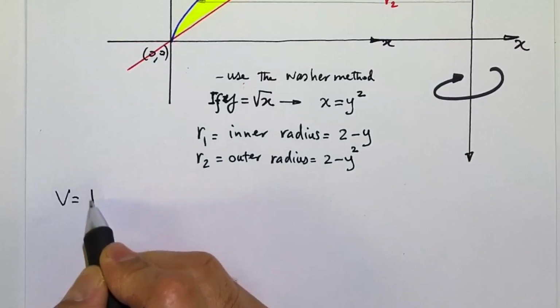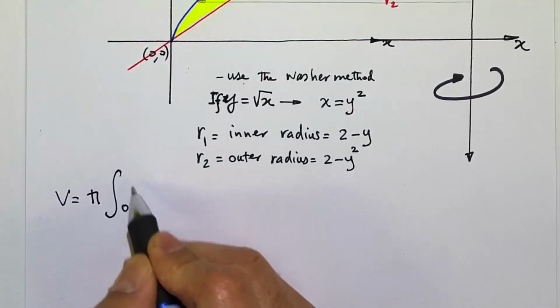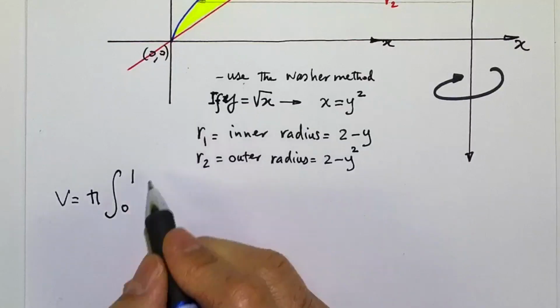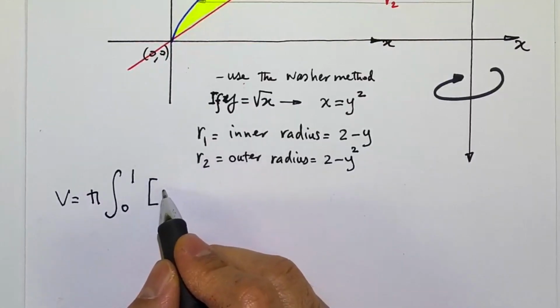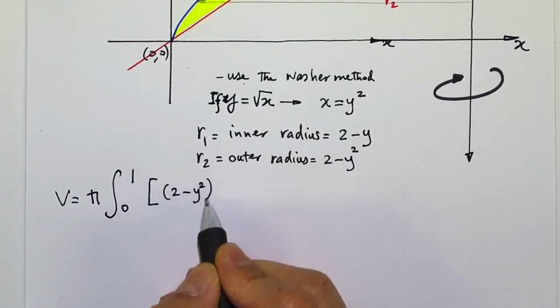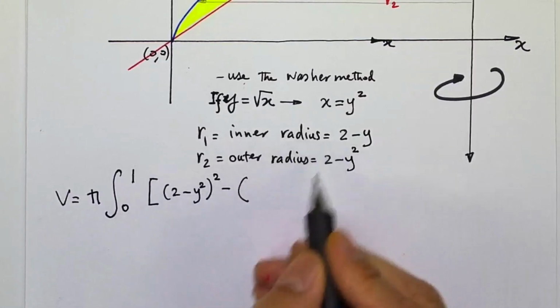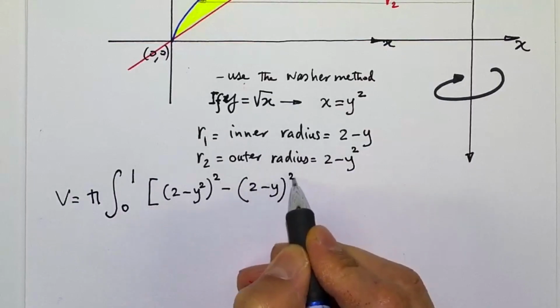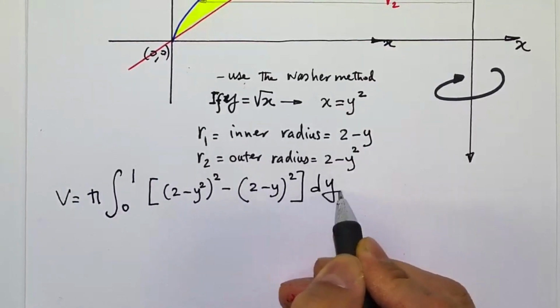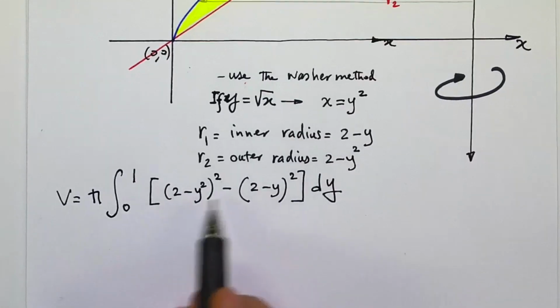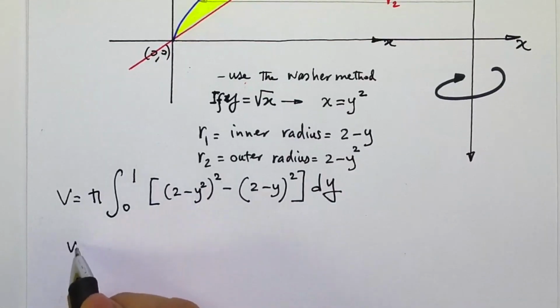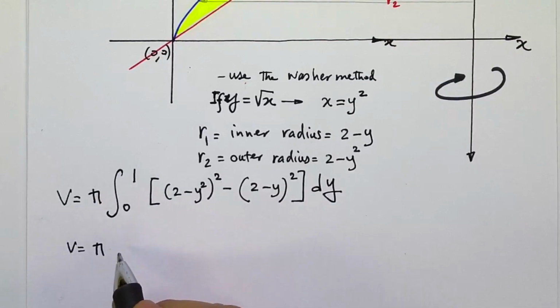So we have the volume, pi times the integral from 0 to 1 of the outer radius, 2 minus y squared, squared, minus the inner radius squared, dy, right? So that's why these expressions were written in terms of y. All right, expanding these and simplifying them, this is what I have.